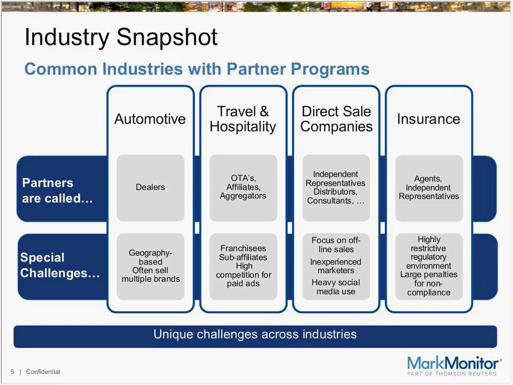So even though you may not fall into one of these 4 industries specifically, those broad business models are something to keep in mind as we're going through these, because they apply across industries. So let's jump into the automotive space here.